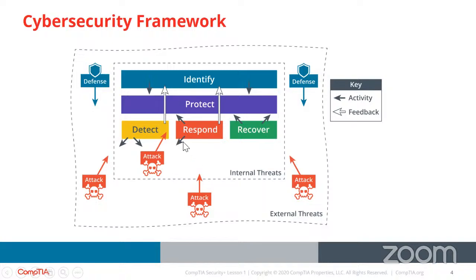So let's say, for example, within an organization, we have already 2 devices compromised. How can we ensure that the attack doesn't spread beyond those 2 devices? That's responding, right?